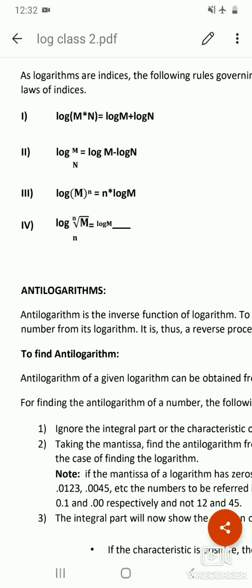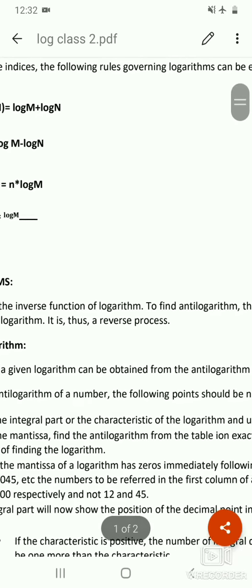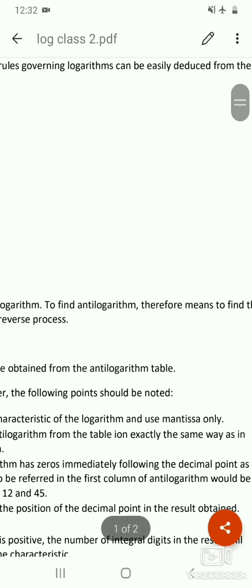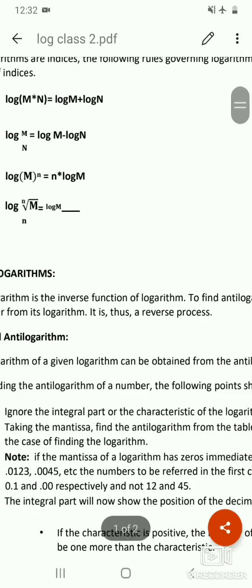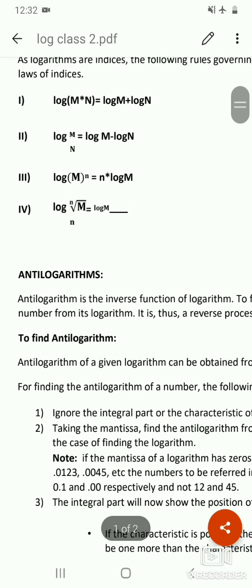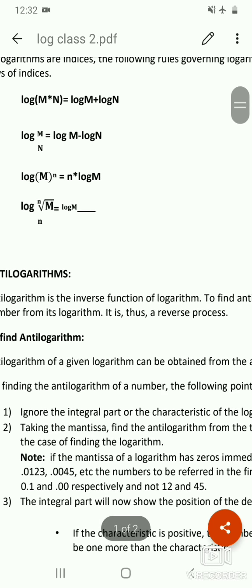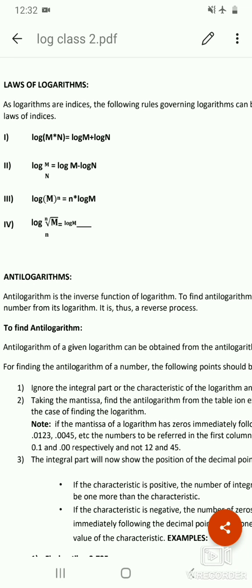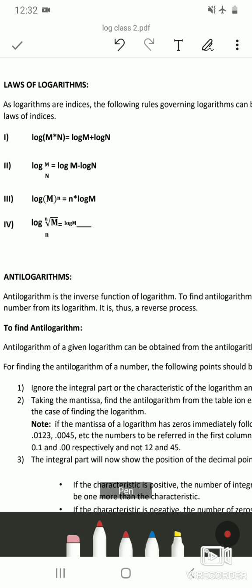Anti-logarithm is the inverse function of logarithm. To find anti-logarithm means to find the number from its logarithm. It is thus a reverse process. Here you can consider an example. Suppose you want to multiply any two numbers, where m represents a number and n represents another number.